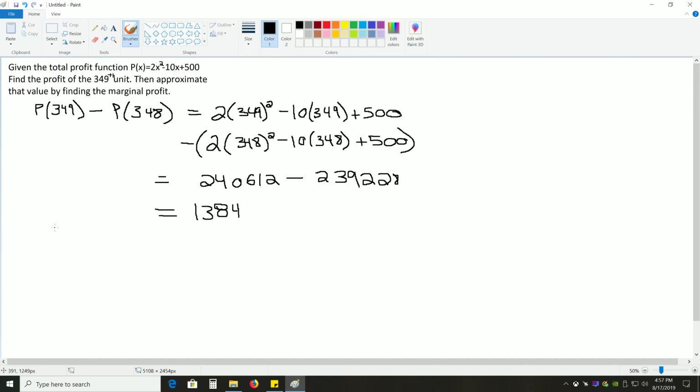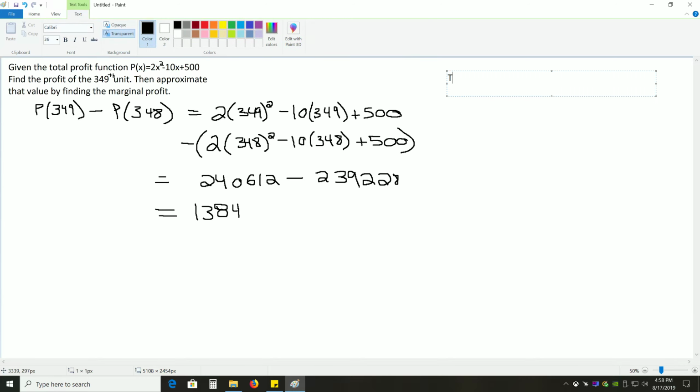So we would say in a sentence answer, the total profit from producing the 349th unit is $1,384, assuming that dollars were the unit for money in this case.